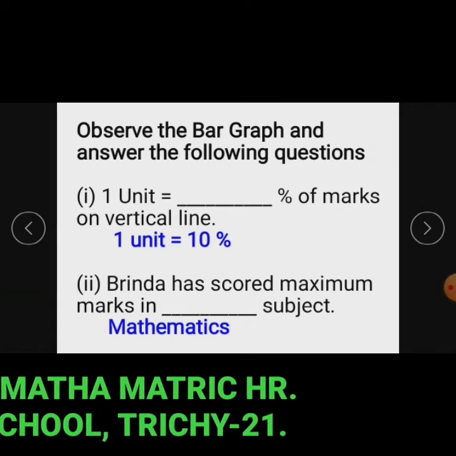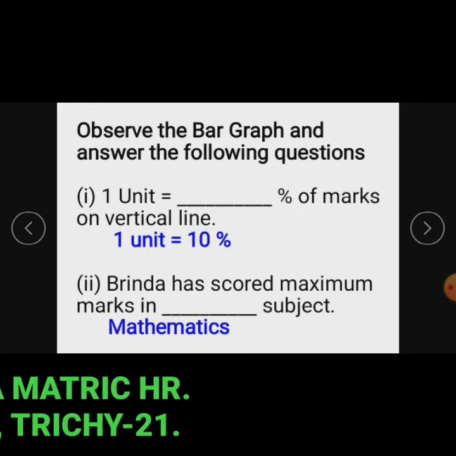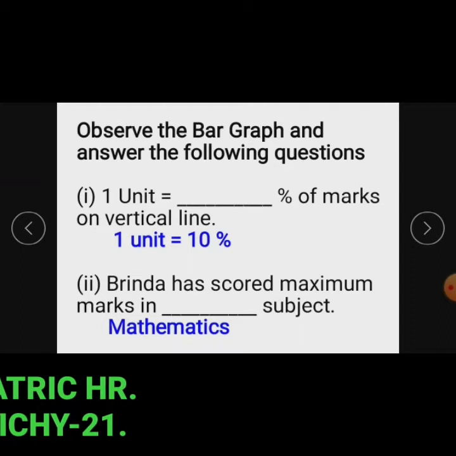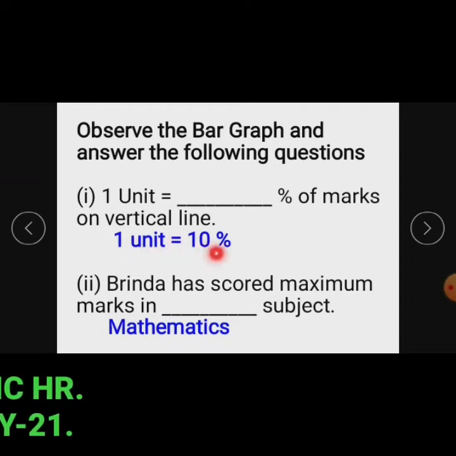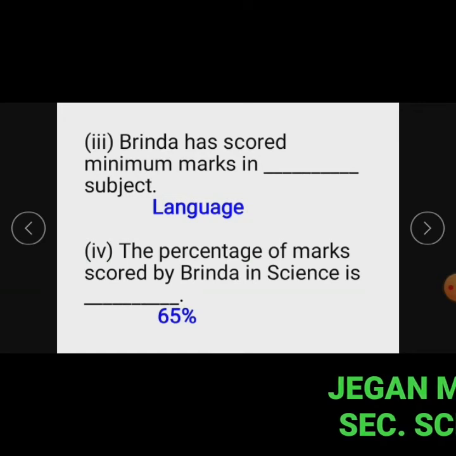Question number 1. 1 unit is dash percent of marks on the vertical line. 1 unit equals 10% of marks. Question number 2. Brinda has scored maximum marks in dash subject, mathematics. Question number 3. Brinda has scored minimum marks in dash subject, language.